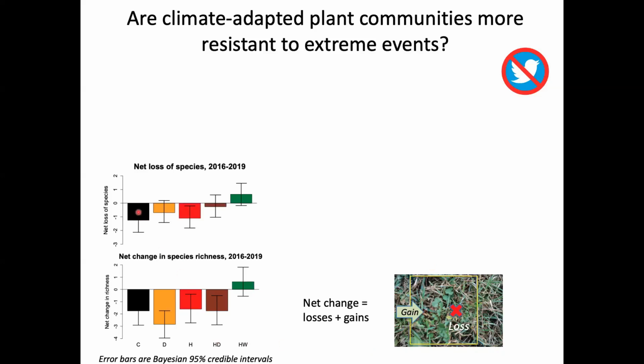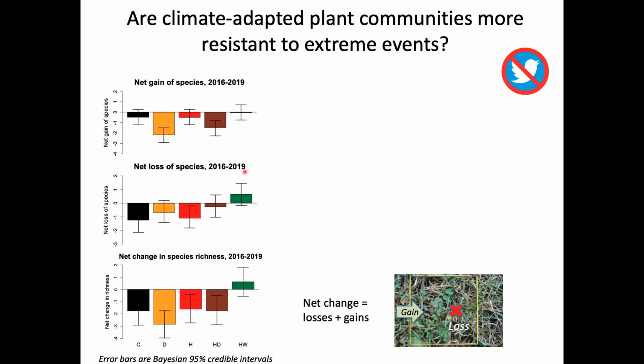And it turned out that the control and heated plots were experiencing a loss of species essentially through losses of existing species within those quadrats, whereas the drought-treated plots were better able to retain species that they already had. However, the drought-treated plots where they were losing their species was by an inability to gain species from outside the quadrat.